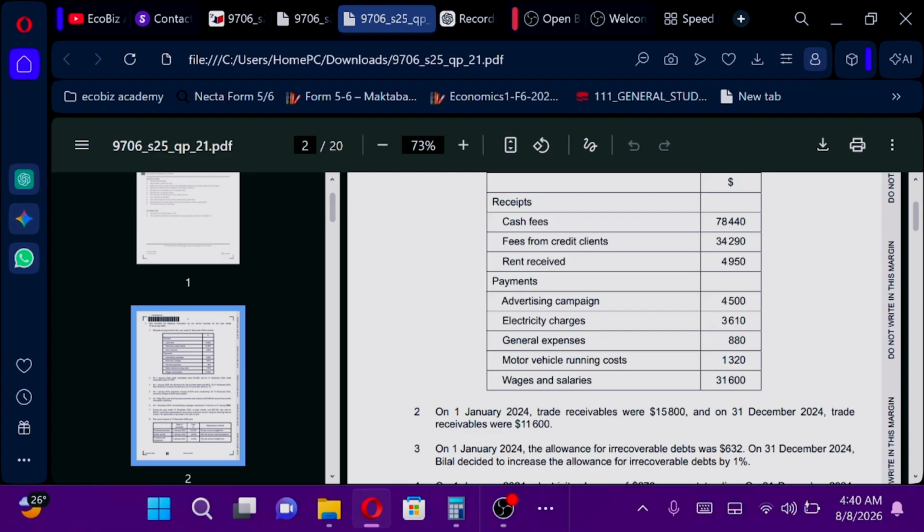So to find the trade receivables that were used in this year, from 1st of January all the way to 31st of December, we just take 15,800 minus 11,600.